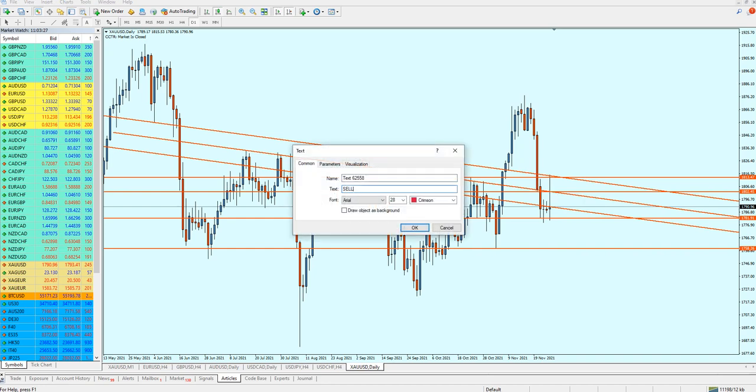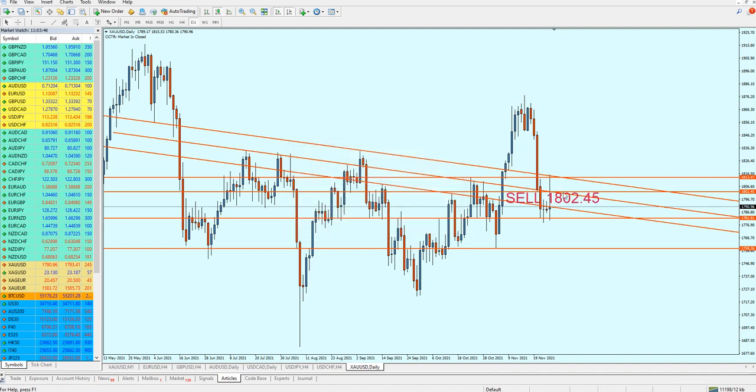Okay, so sell. We can sell the pair at 1802.45. Actually, that's better because the sell is placed exactly at 1800, which means it's going to retest the level.